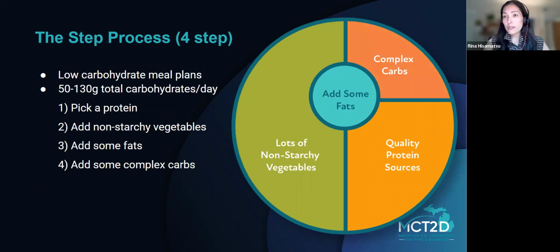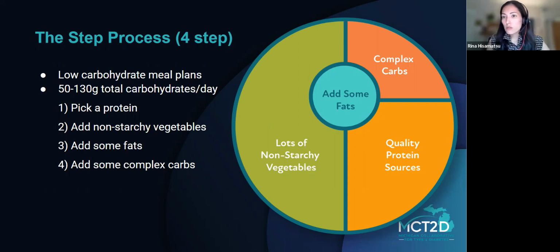On the other hand, the other pathway is the low carbohydrate meal plan, defined as a meal plan that stays within 50 to 130 grams of total carbohydrates a day. Similar to the very low carbohydrate meal plan, we follow the same three steps, but with the addition of a fourth step that has room to incorporate some sources of complex carbohydrates.